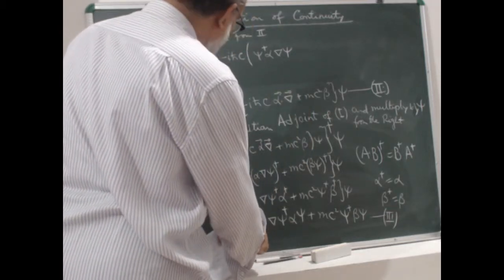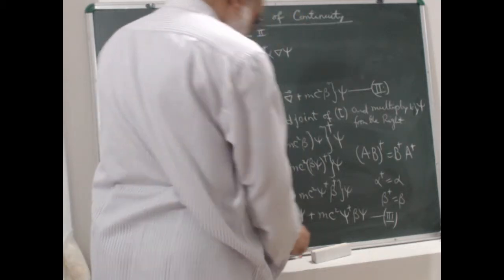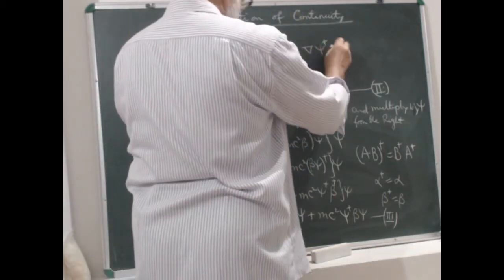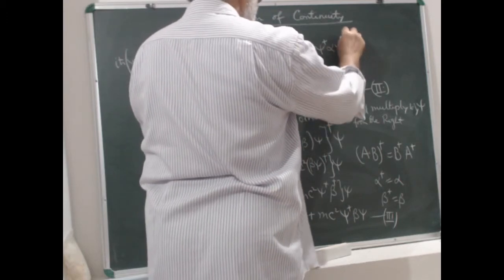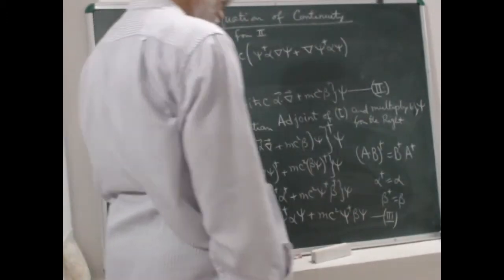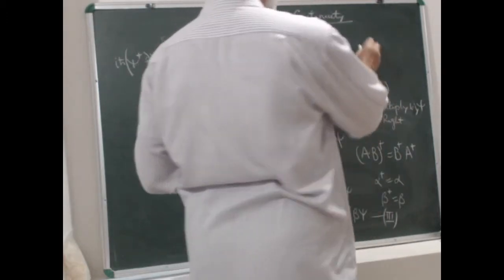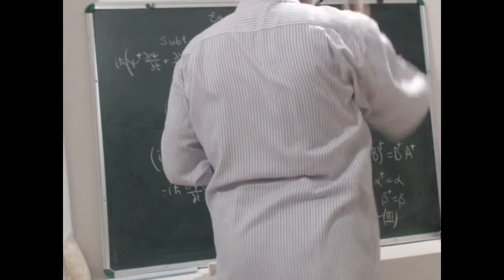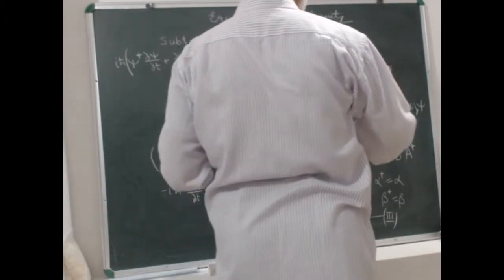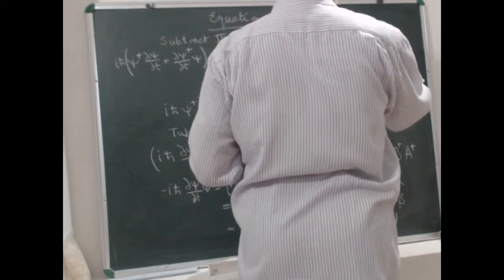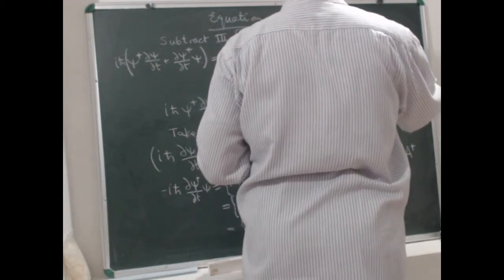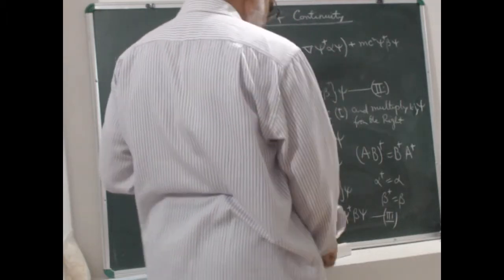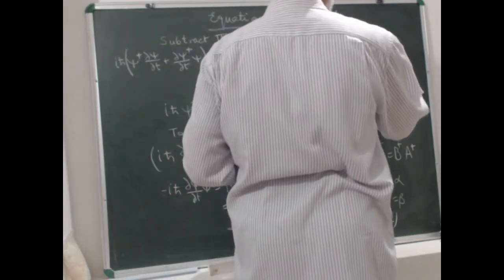The minus sign with iħ c is taken out, so this will become plus ∇. And the next term will be m c² β. So this will be m c² minus m c².